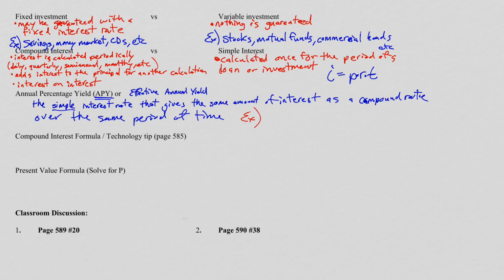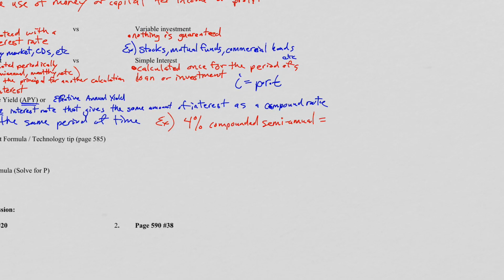So for example, let's say you have 4% compounded semi-annually. That's going to be the same as 4.04% simple interest.